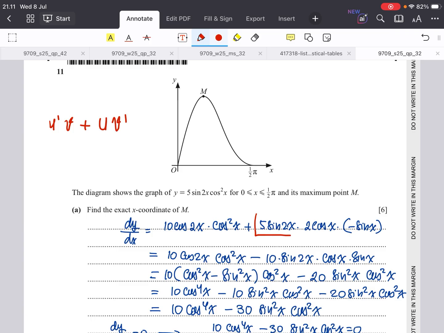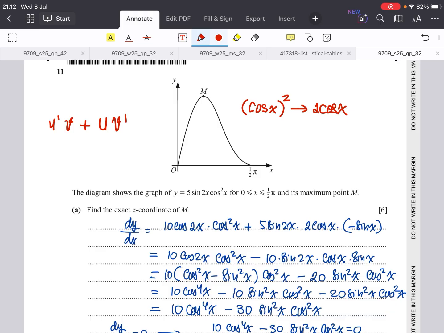And then this one is u, and then this one is v prime. For the differentiation of cos square x, we are using chain rule. Remember this one, cos x and then square. It can be differentiated into 2 cos x.